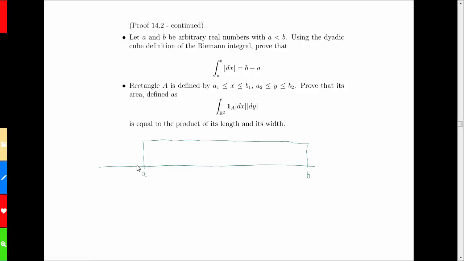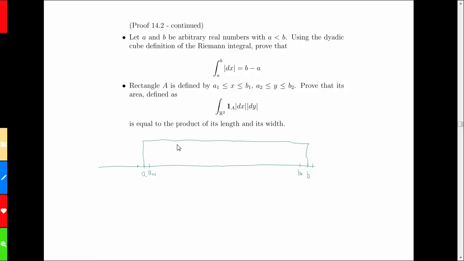Now, a is going to lie in some dyadic cube. And let's denote by a sub n the upper endpoint of the dyadic cube that includes a. Let's denote by b sub n the lower limit of the dyadic cube that includes b.